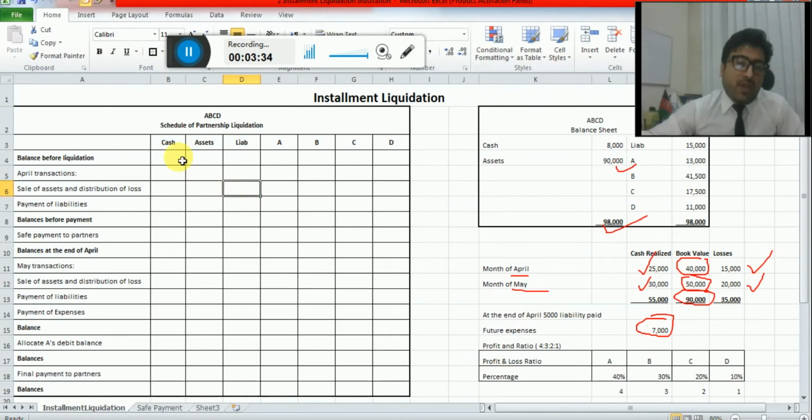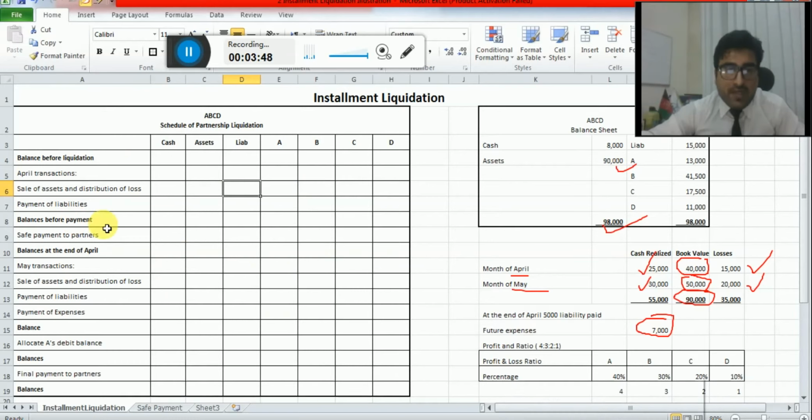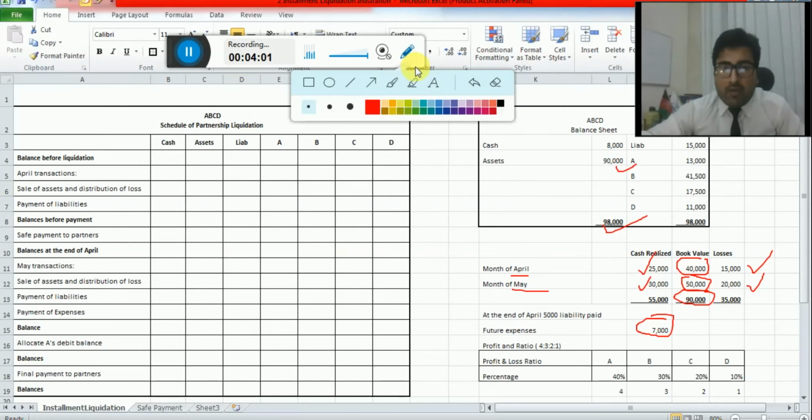Dear students, now look into this table. This is exactly like the accounting equation. We have cash, assets, liabilities, A, B, C, D. When you learn the concept and the idea of how it is liquidated, then you will learn all these steps. What we do in this table is exactly like the last lecture. If you studied the last lecture, look at what we are doing briefly.